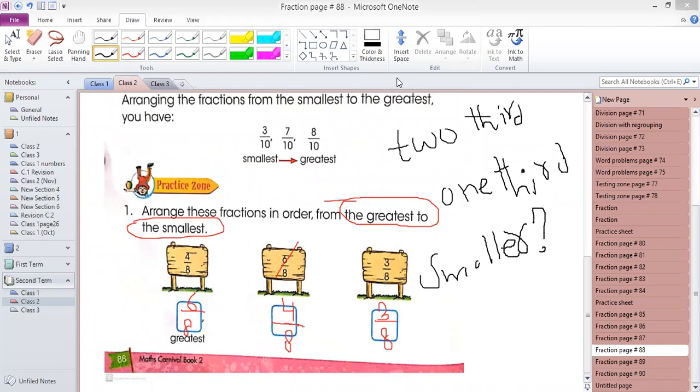Hamza Al Sayyed, very good. I will take one student.